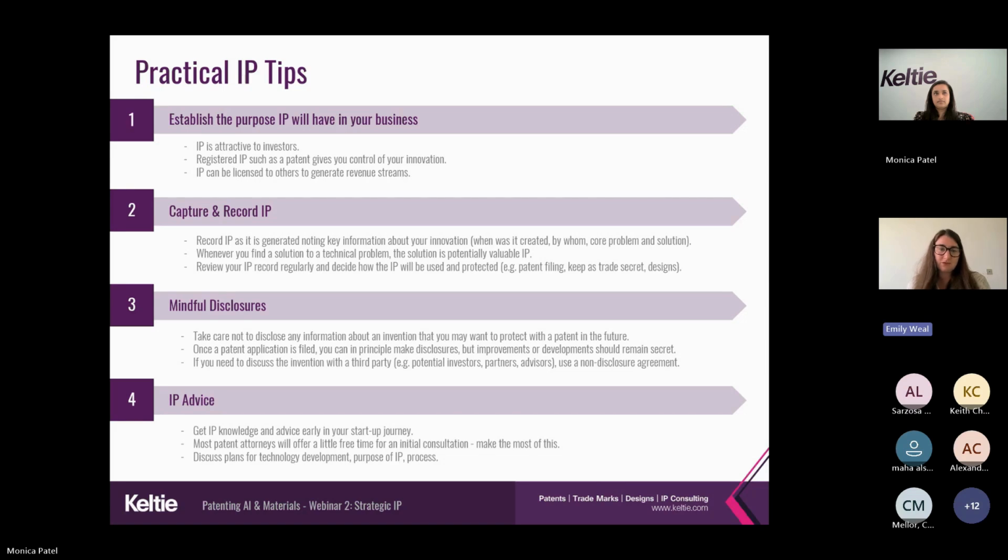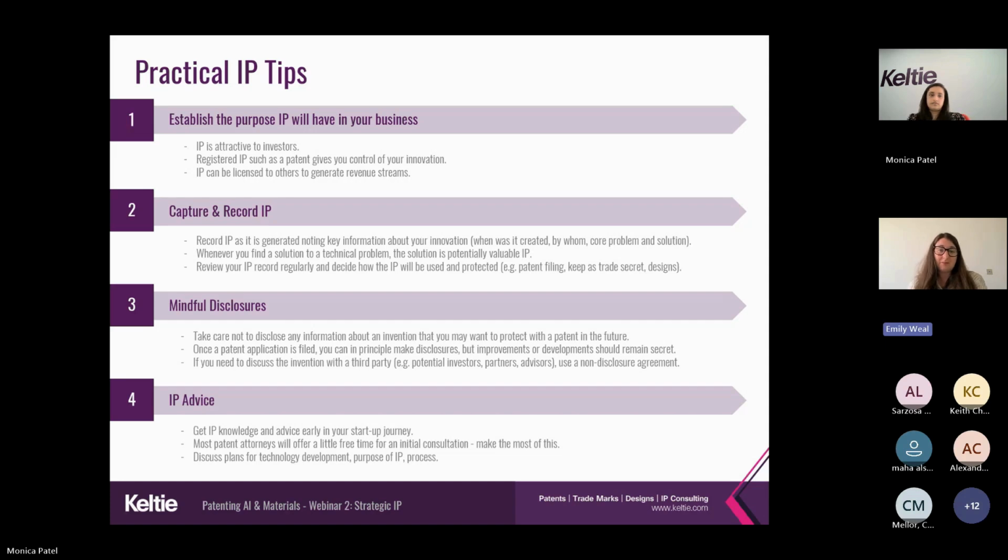So number 3, mindful disclosures. This comes back to something we've already been talking about, which is just taking care not to disclose information before you've filed a patent application. Another reason why it's useful to note what it is you're going to do with IP, whether you're going to file a patent application or not, whether you're going to wait, is that you can make sure that any disclosures you do want to make are taken account of, and if you need to file something before a disclosure, you get it filed.